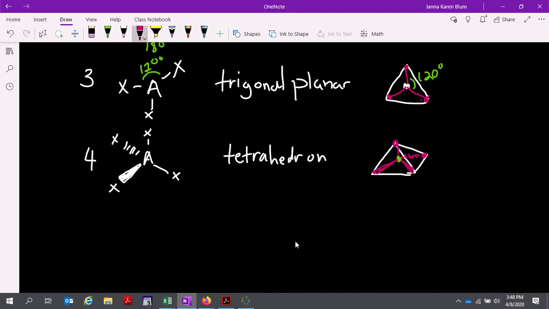So it's the corners of that square base pyramid. And this gives me an angle of 109 degrees.